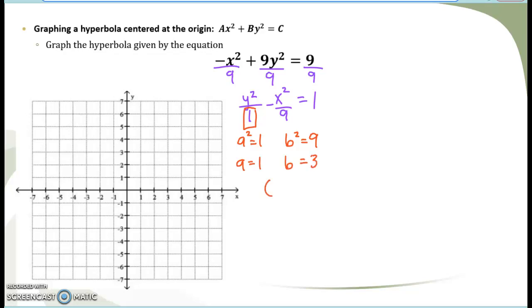I'm centered at 0, 0 again. With the a squared being under the y squared, that means we're going to open up and down. So my vertices, I'm going to add and subtract 1 from my y coordinate. So my vertices end up being at 0, 1 and 0, negative 1.